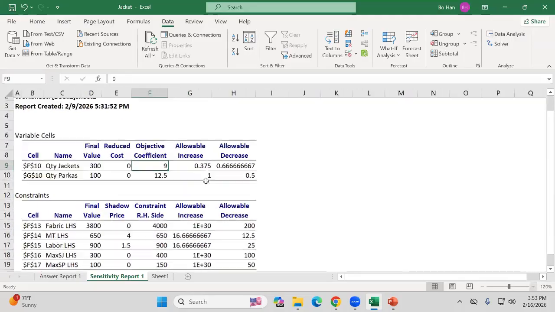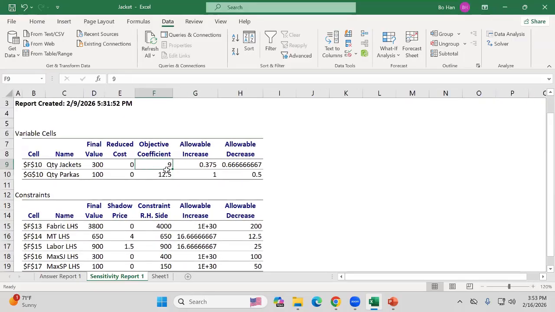Let me zoom in a little bit. $9 as a profit by selling a jacket, 12.5 as a profit by selling a parka. That's called the coefficient of the decision variables. That's the value you should multiply with the decision variables.